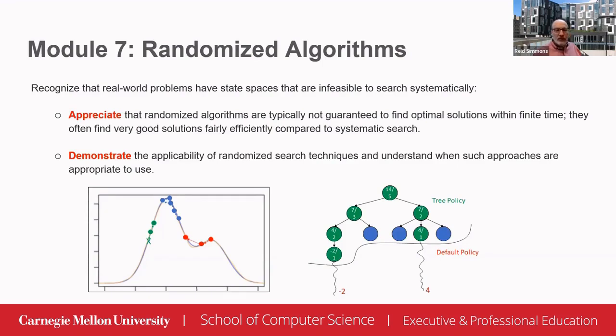Anyway, Module 7 is talking about what we call randomized algorithms. Now, in the first two modules, when we talk about search and heuristics, we assume that the computer, that the AI is searching the state space in a systematic way. But it turns out that many state spaces are much too large to search systematically.